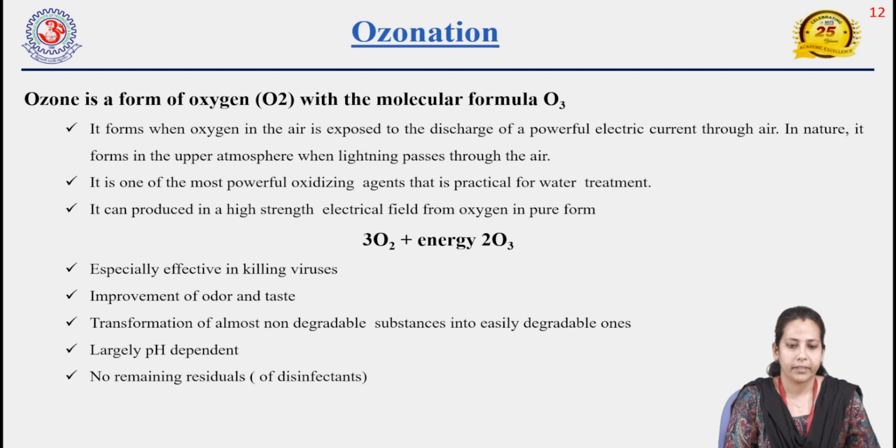It is one of the most powerful oxidizing agents. It can produce a high-strength electrical field from oxygen in pure form. So if we produce ozone, we generate high energy. It is specifically effective for killing viruses and for removing odor and taste.